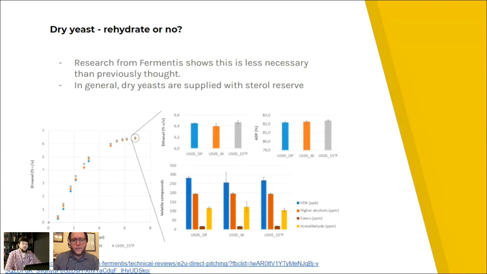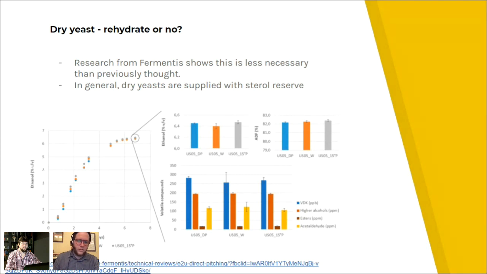And part of that is that the dry yeast manufacturers do go out of their way to make sure that those dry yeasts are supplied with an adequate sterol reserve. We talked about how oxygen helps the yeast to build and incorporate sterols in their cell membranes so that they can make more yeast in the future, and that oxygen is required for this.